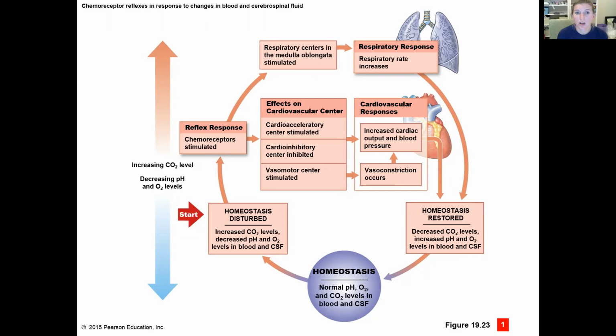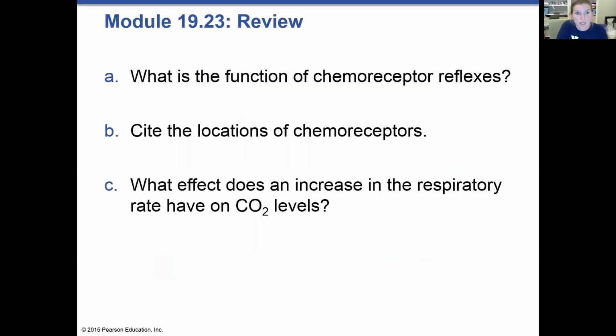It's also going to affect your respiratory centers that are within the medulla oblongata to get your respiratory rate up, basically saying, whoa, we have so much carbon dioxide building up, we need to get rid of it. We don't have enough oxygen, we need to bring in more, right? So your heart's going to pump faster and you're going to start breathing faster, and therefore you're going to breathe out all of that excess carbon dioxide and breathe in more oxygen to get back to homeostasis.